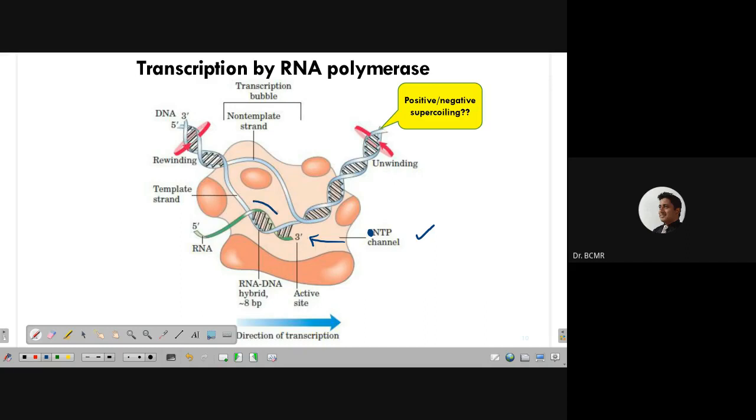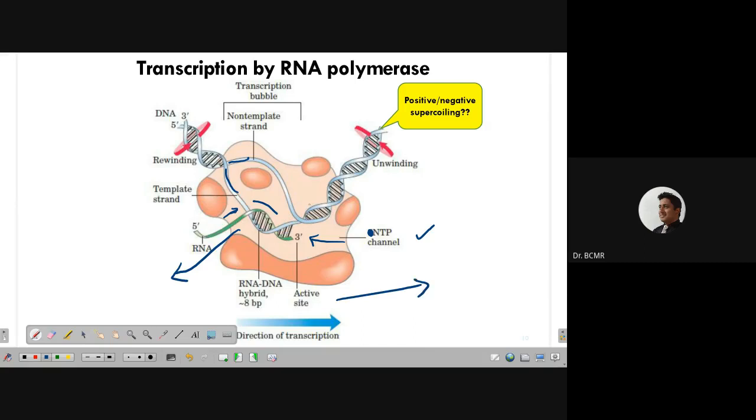You have the RNA-DNA hybrid forming, and here the hydrogen bonds between the hybrid are broken down, and the newly synthesized RNA is being pushed out of the active center, and then the template strand will start base pairing with the non-template strand after the transcription, as the RNA polymerase is moving in this direction.